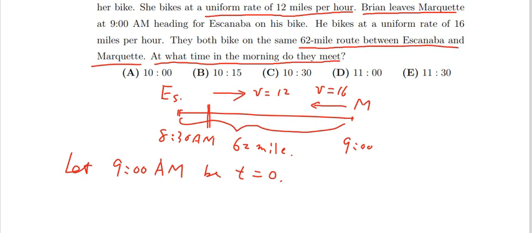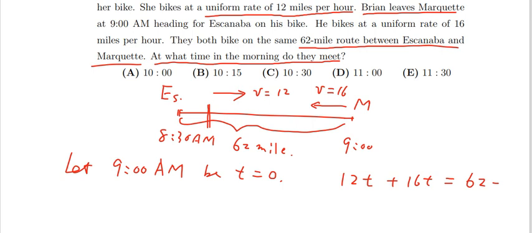So after the time t, they meet. So after the time t, this guy go 12t distance, and the other guy 16t. So they meet the equal total. This distance equal 62, but minus. So we 62 from here to here.